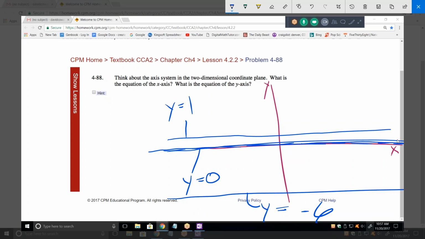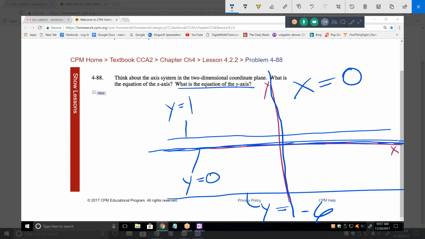Where? The second part of that question. What's the equation of this y-axis? So it'd be x equals, what is x equal to right there? 0. You got it. It's equal to 0 everywhere on that blue vertical line.